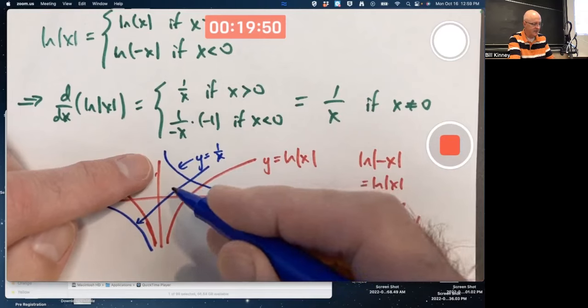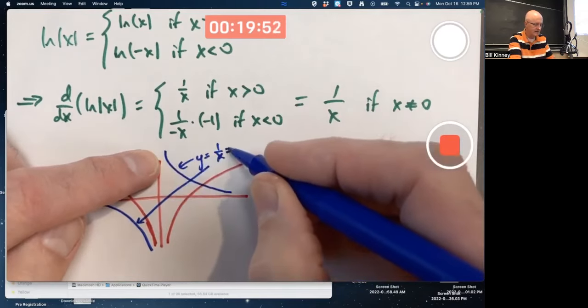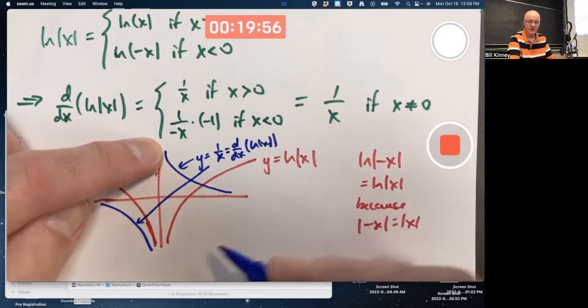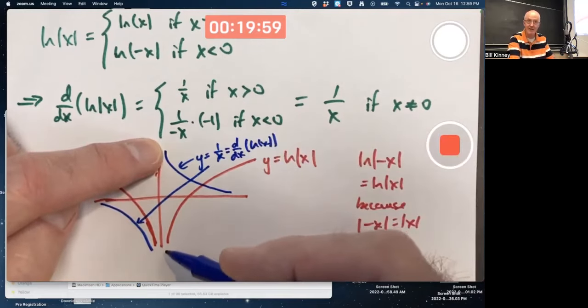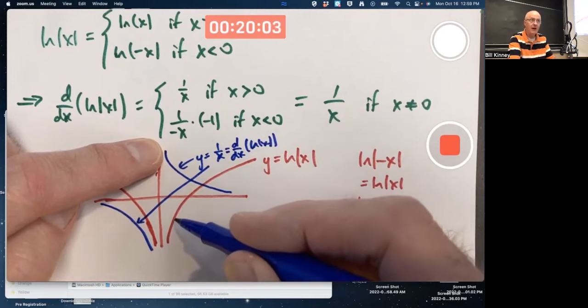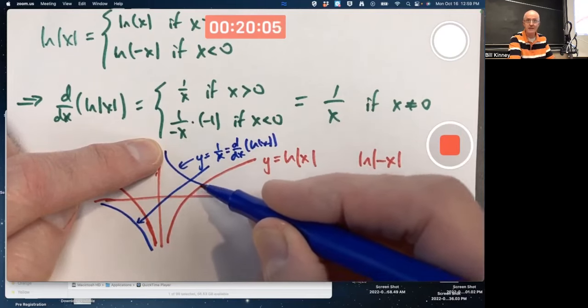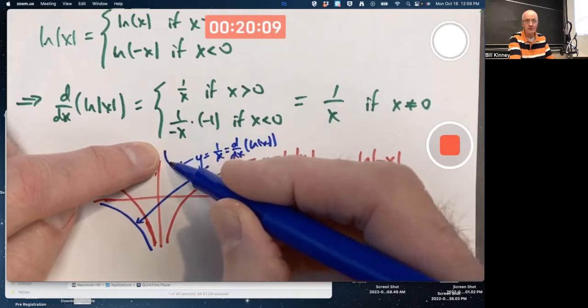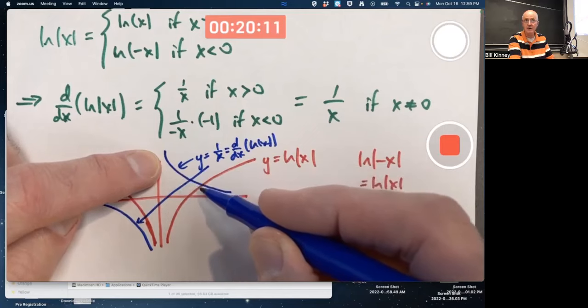When x is positive, the derivative starts out positive. This is, again, the derivative of natural log of x. And large, just like the slope of the red graph is positive and large here. The slope of the red graph decreases as x increases. It's a concave down graph, just like the value of its derivative is positive but decreasing.